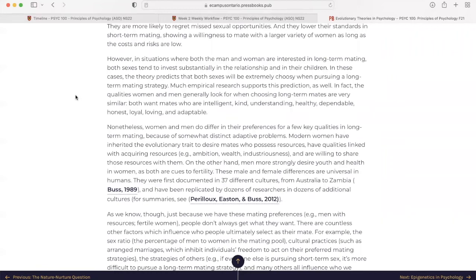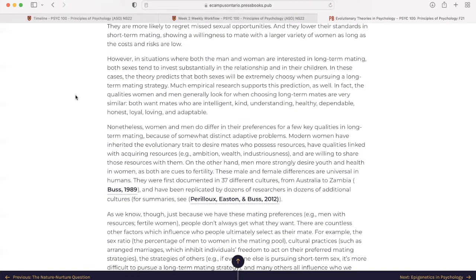Nonetheless, women and men do differ in their preferences for a few key qualities in long term mating because of somewhat distinct adaptive problems. Modern women have inherited the evolutionary trait to desire mates who possess resources, have qualities linked with acquiring resources, for example, ambition, wealth, industriousness, and are willing to share those resources with them.